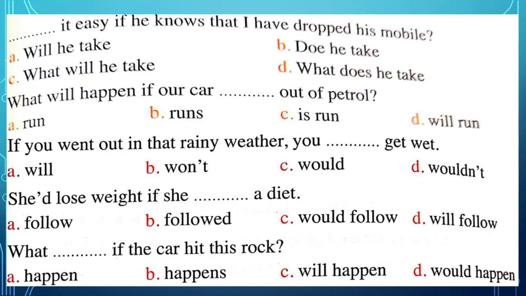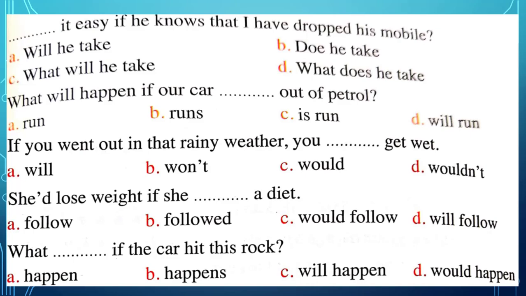What space if the car hits this rock? Happen, happens, will happen, would happen. So what would happen if the car hit this rock? Okay, and I want you to concentrate on the verb hit.